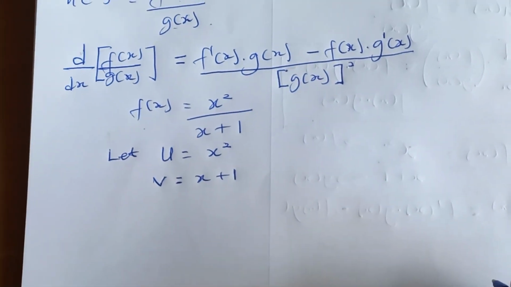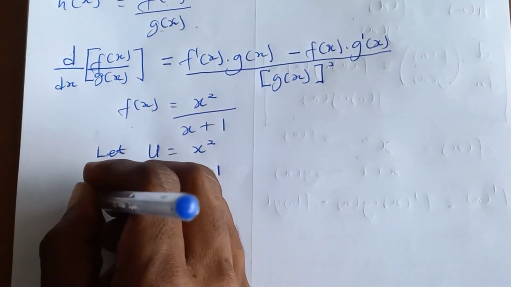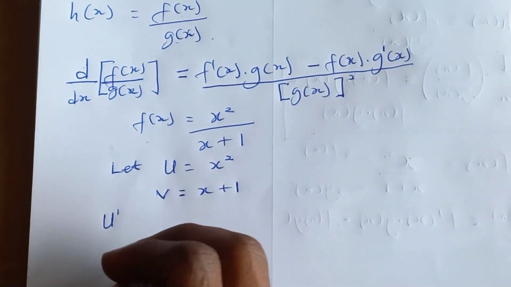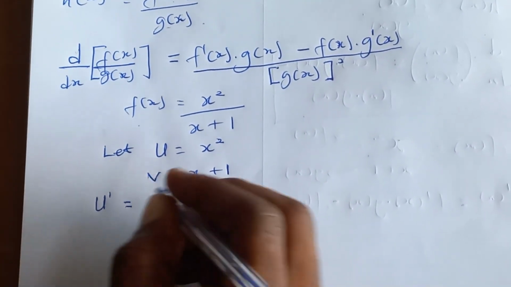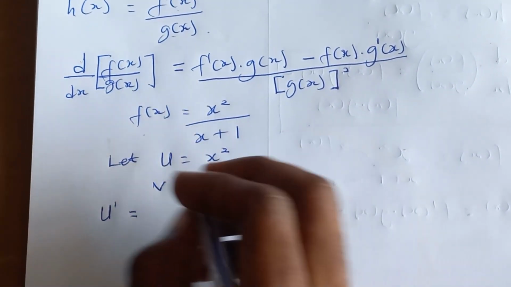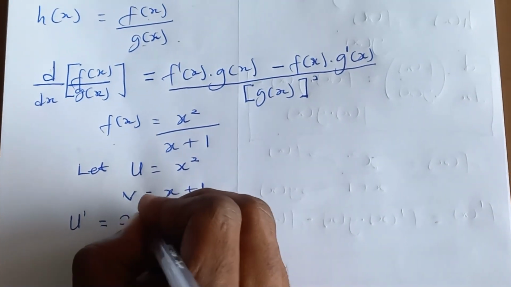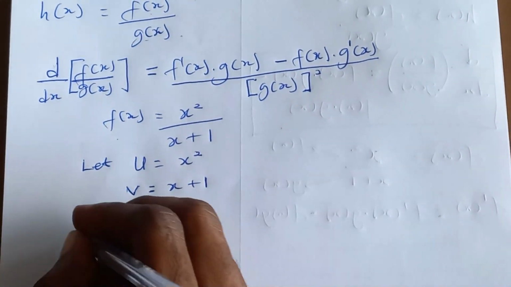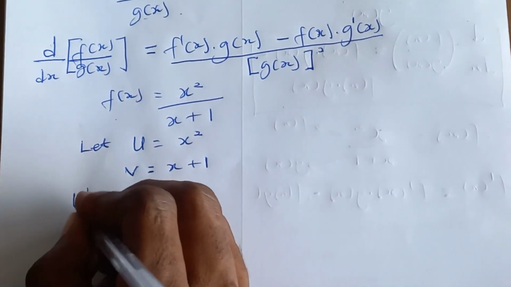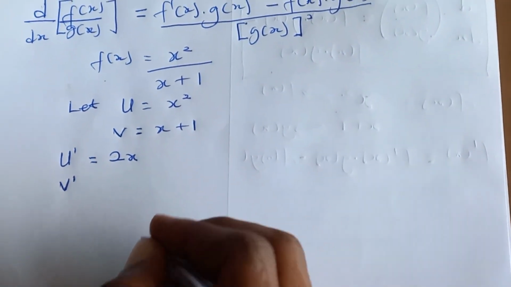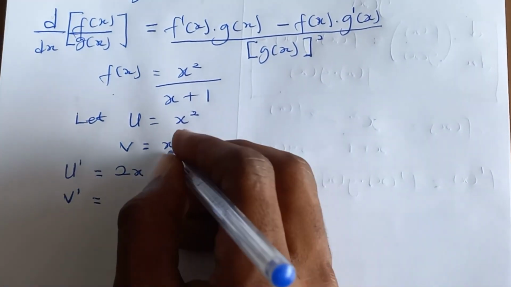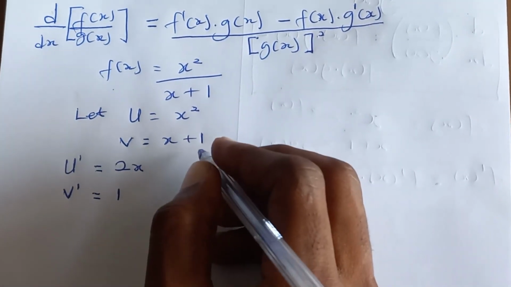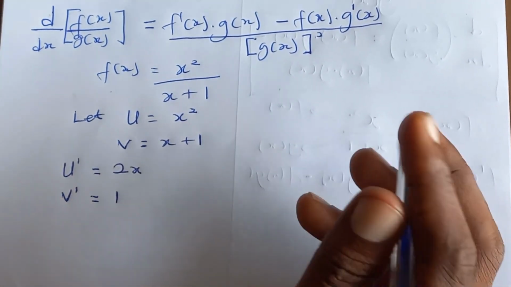Our u prime, that is the derivative of u, when you differentiate x squared, we get 2x. Then the derivative of v, which is v prime: when you differentiate x, you get 1. When you differentiate a constant, it is 0, so you don't need to bother.